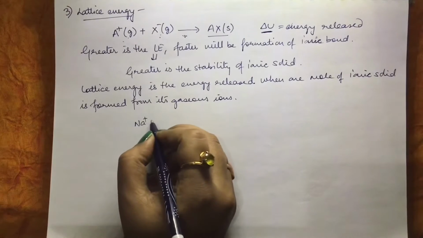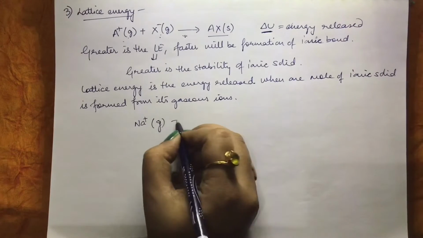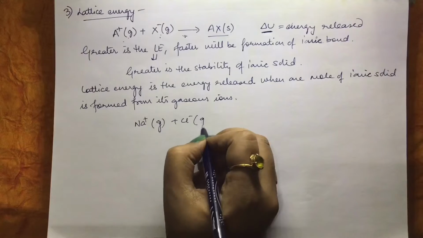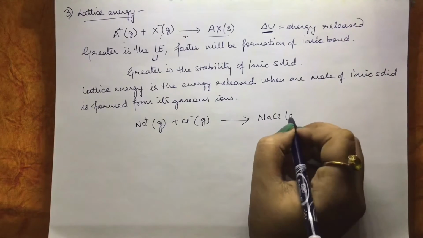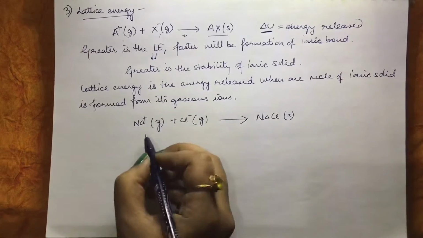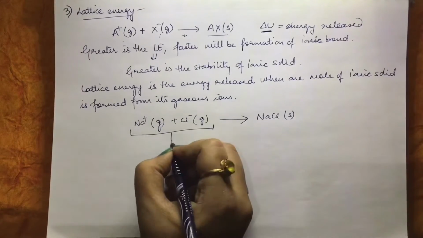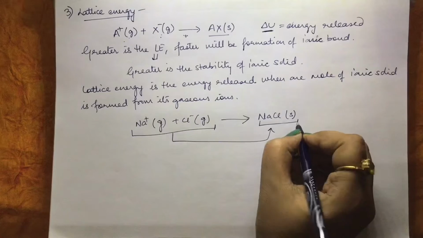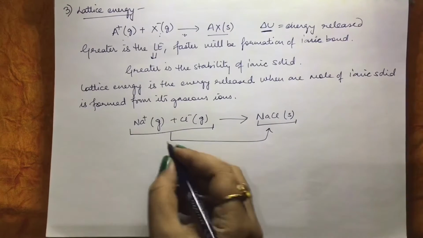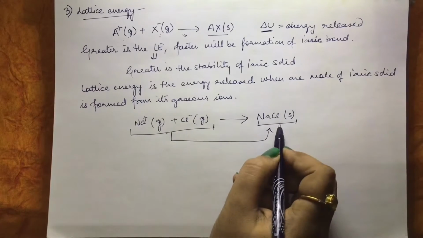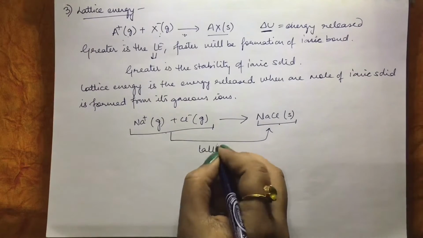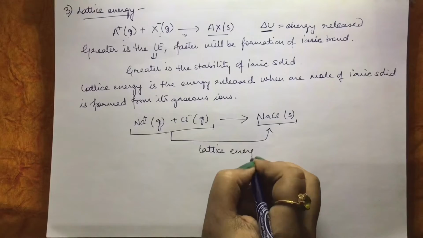suppose we have Na+ in the gaseous state plus Cl minus in the gaseous state. So from this to this. Now we are moving from this stage to this stage. So the change in energy which is required to move from here to here, that is called lattice energy.